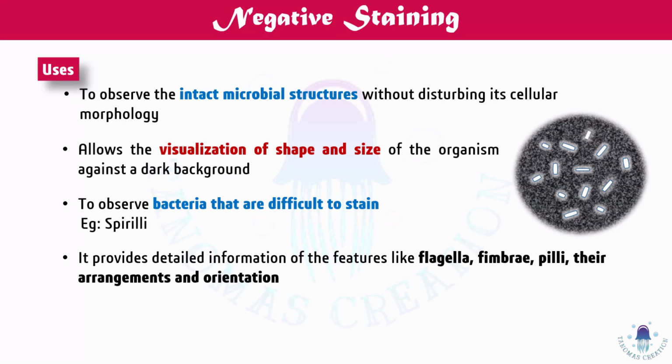They do not allow the visualization of structures like flagella, fimbriae and pili. These structures are not visible, but negative staining allows the differentiation of these minute structures also. That is why negative staining is very important.